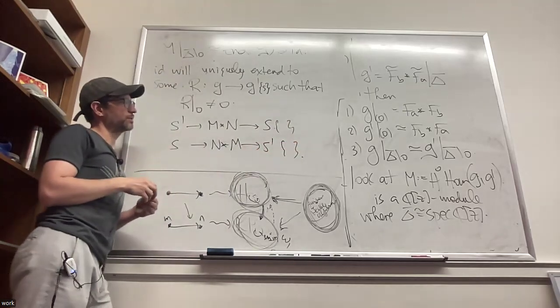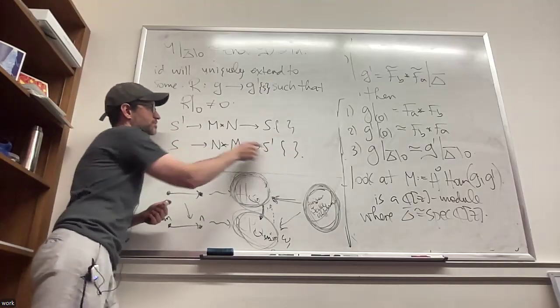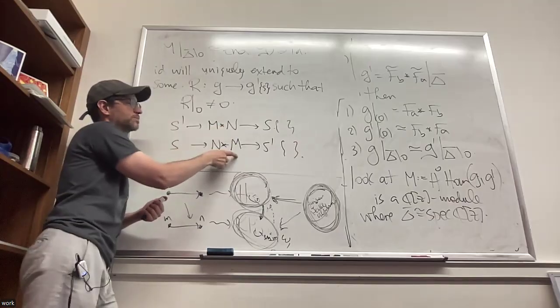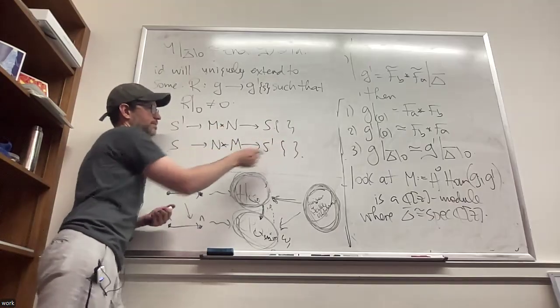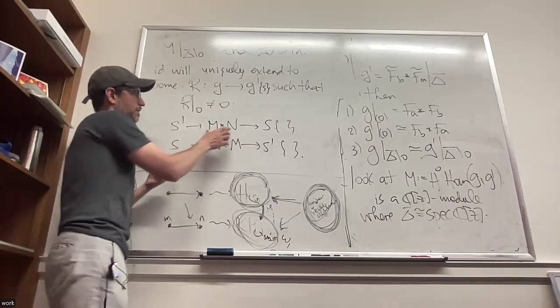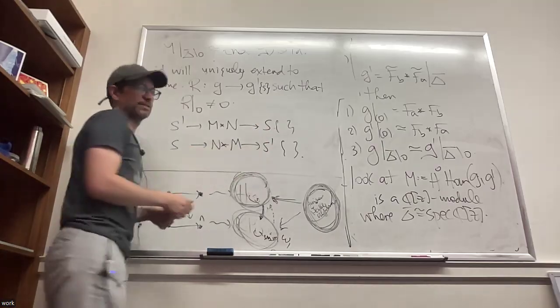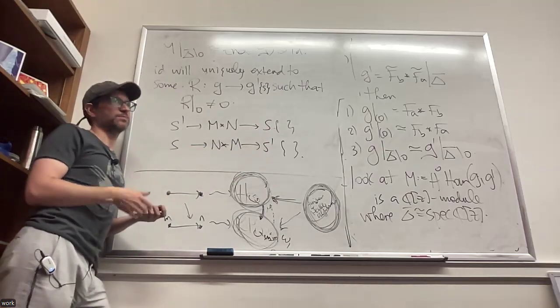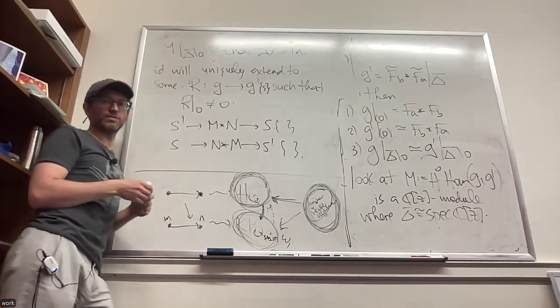So at the level of the categories, or even Grothendieck groups, if you keep track of the shifts, these things don't equal each other. But at the level of Grothendieck groups, if you kill the shifts, in other words, you set the quantum parameter to 1, then they will be equal. Well, obviously, the class is the same in both cases. It's S plus S prime. So that explains why, when q equals 1, these algebras are actually commutative.